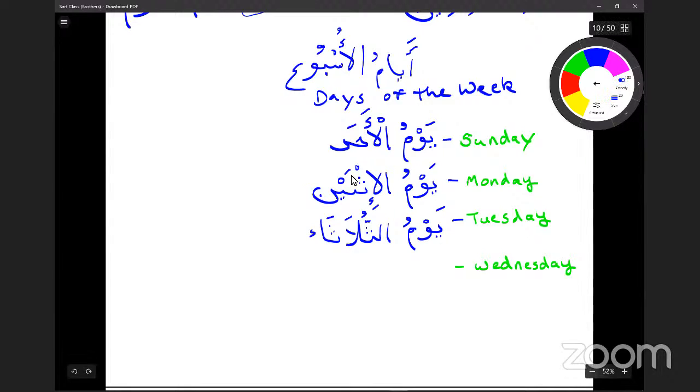In Arabic, Wednesday is يوم الأربعاء. So far we have يوم الأحد, يوم الاثنين, يوم الثلاثاء, يوم الأربعاء. Few more to go. Thursday.